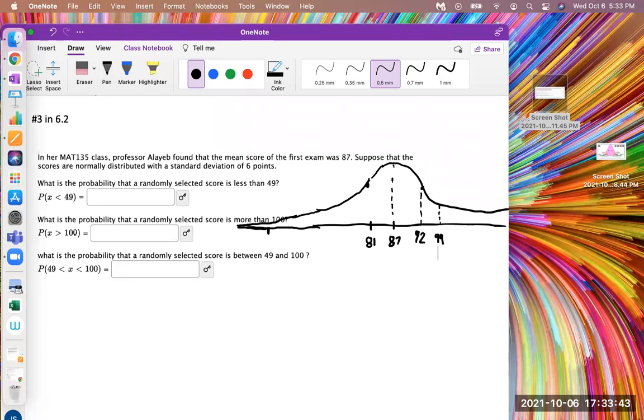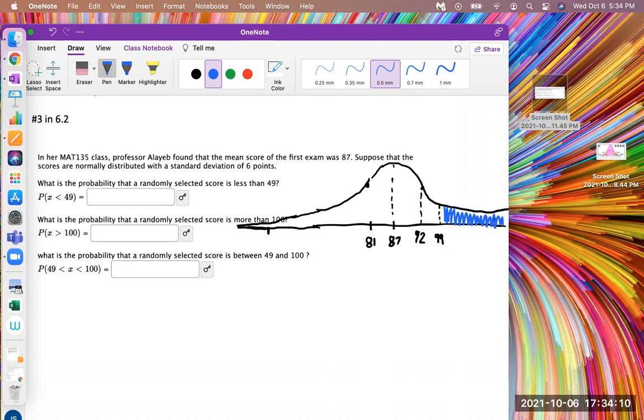But they say, what is the probability of the score being greater than 100? So where are the scores on the number line greater than 100? Well, they're getting bigger as we move to the right. So 100 would be a little bit above the second standard deviation above. So it would be right here. This is the area we want to shade.